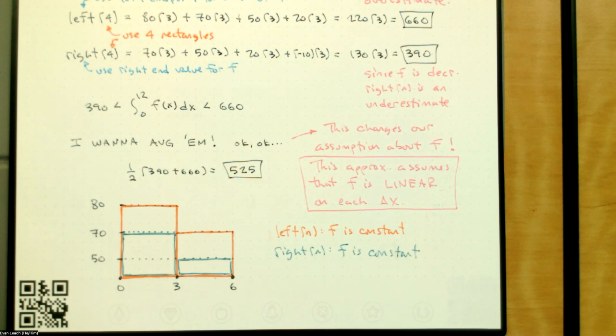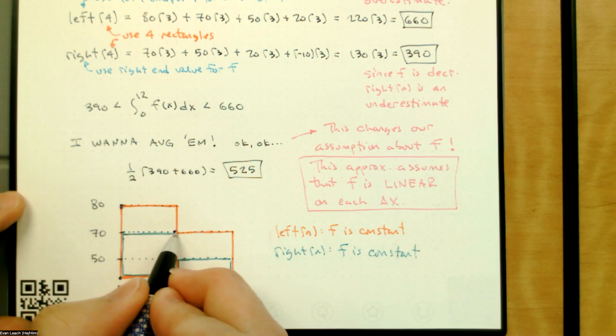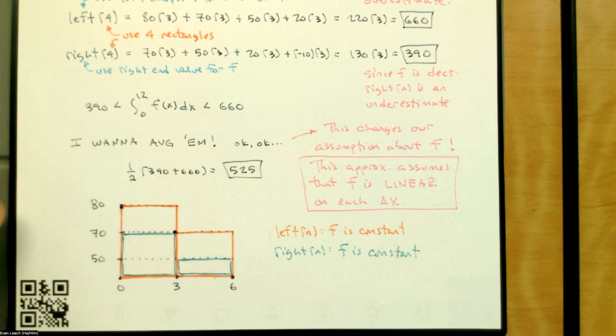When we find the average, we're making the function linear. So our average will be going from 80 down to 70. So we're actually changing the value. So we got to decide how it's going to be changing. And we're going to do the default human thinking and just draw a line.